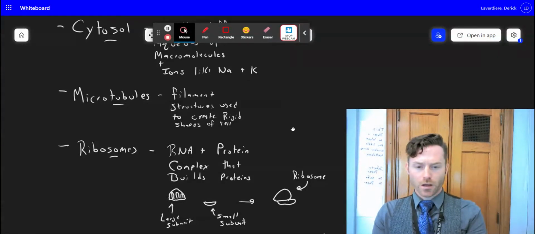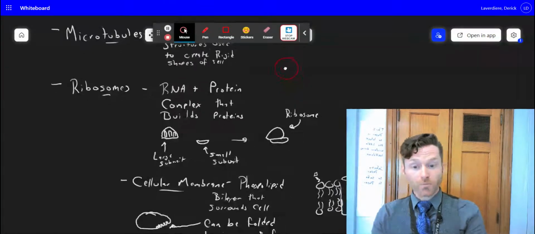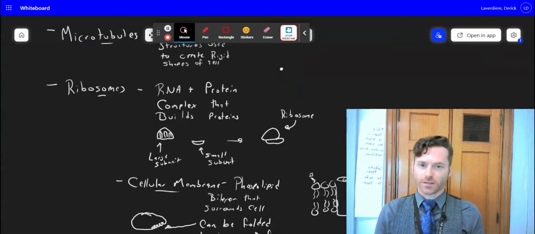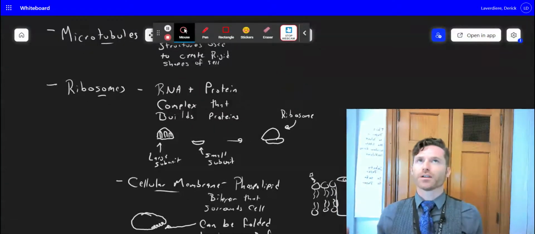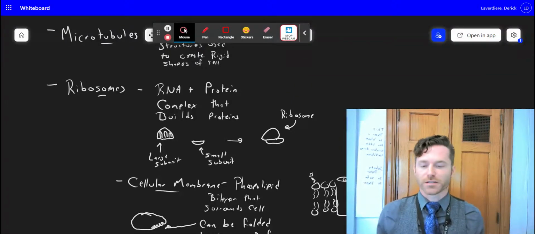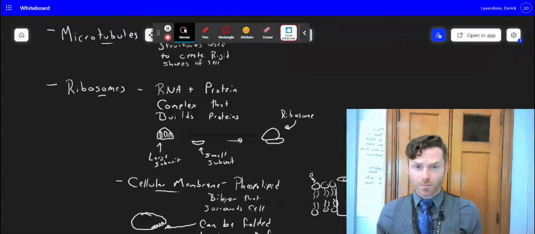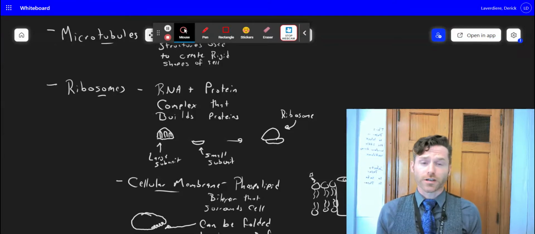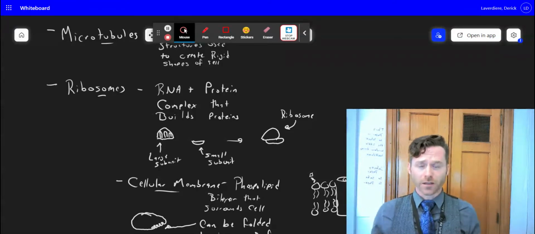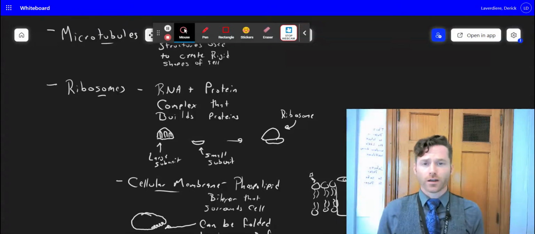Then we move on to ribosomes. A very sexy little organelle. The ribosomes are so cute, so fantastic. The ribosomes are responsible for building proteins. It's where proteins are actually made using the information stored within our RNA, messenger RNA specifically.